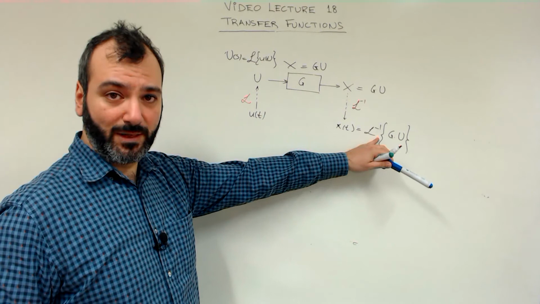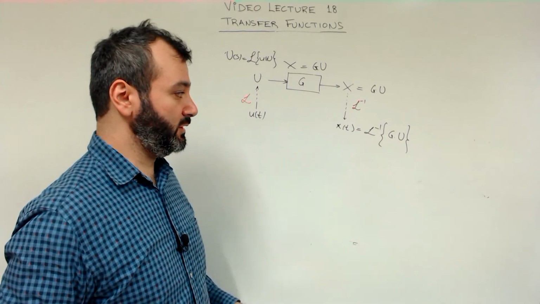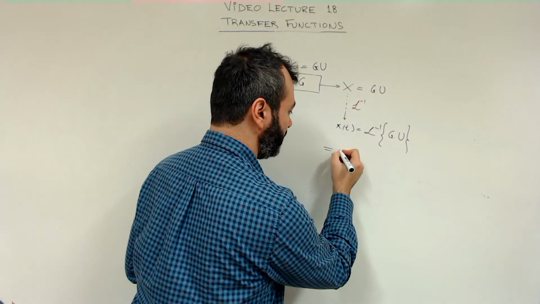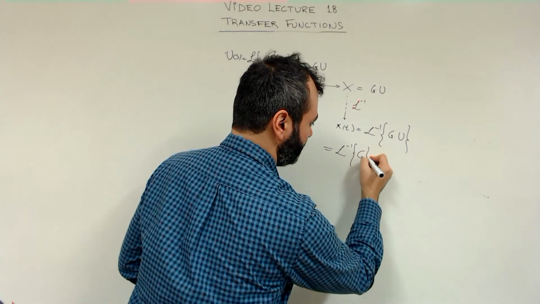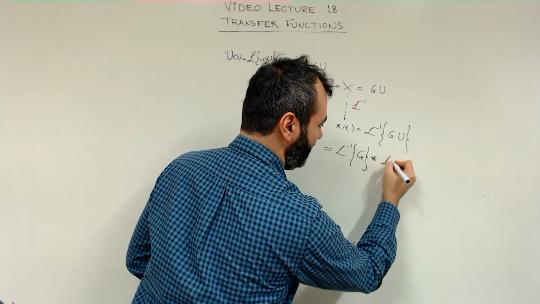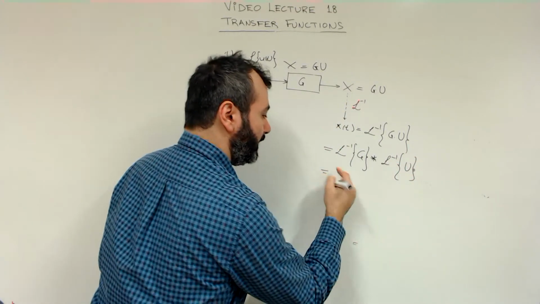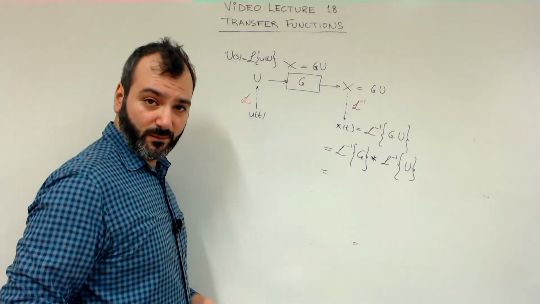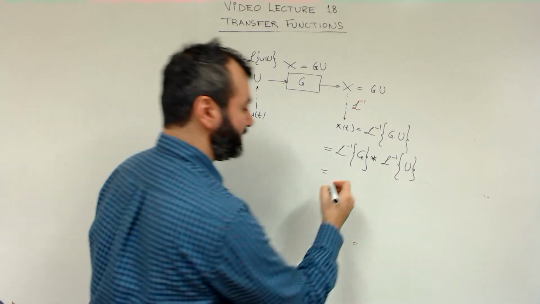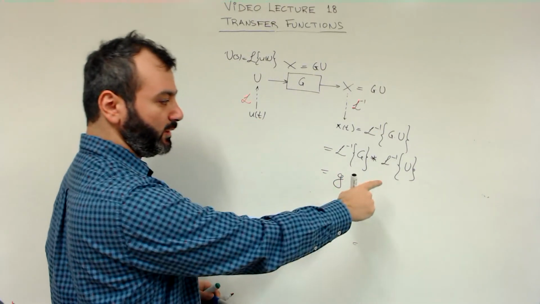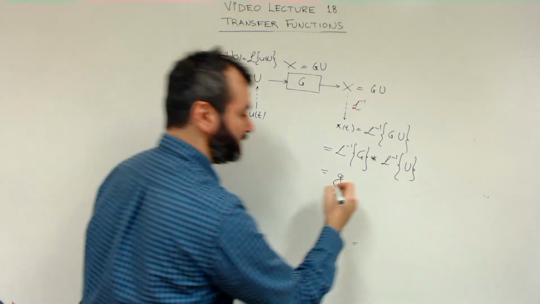This is the inverse Laplace transform of the product of two functions. And we know from the convolution theorem that this is the inverse Laplace transform of the first function, convolution with the inverse Laplace transform of the second function. But the first term looks familiar. What is it? It is the impulse response of the system, so this is g. And what about the second one, the inverse Laplace of u? This is u lowercase.